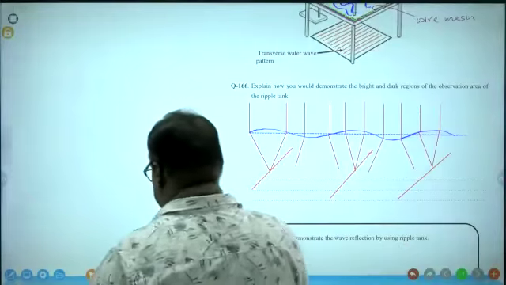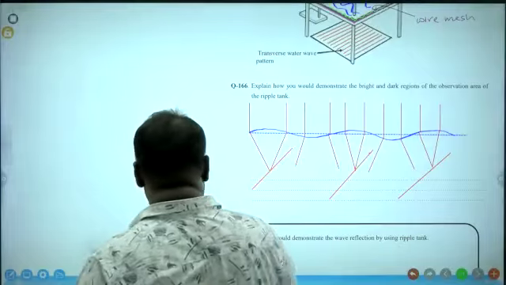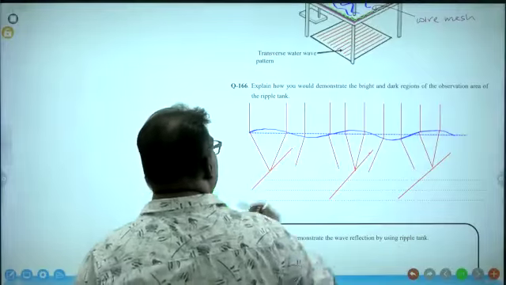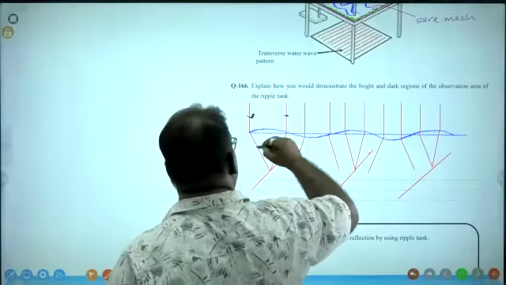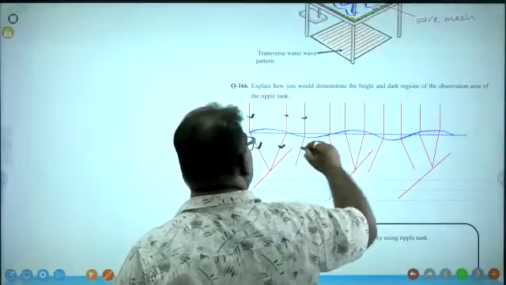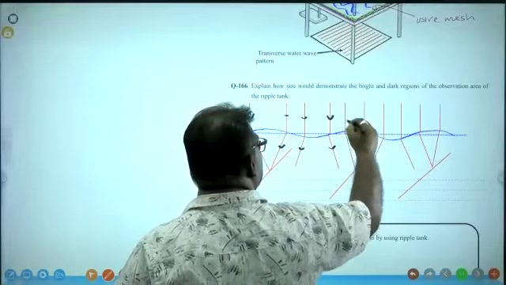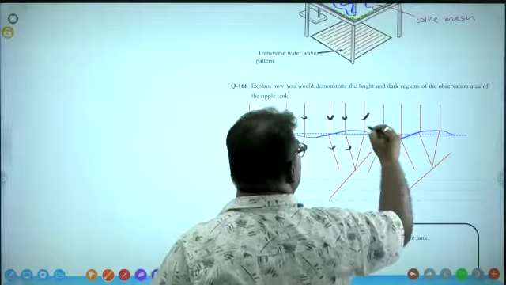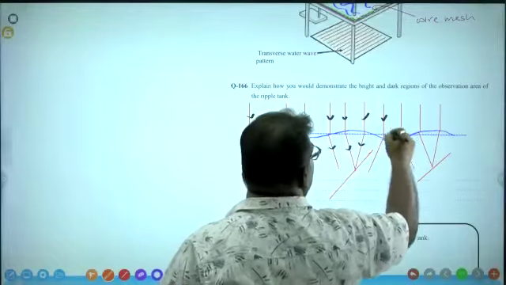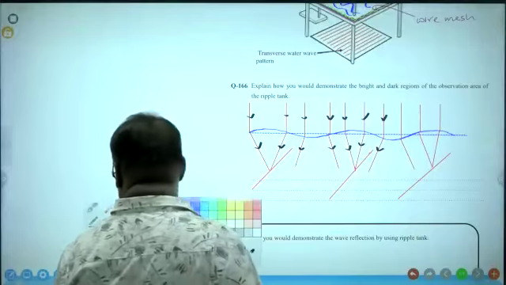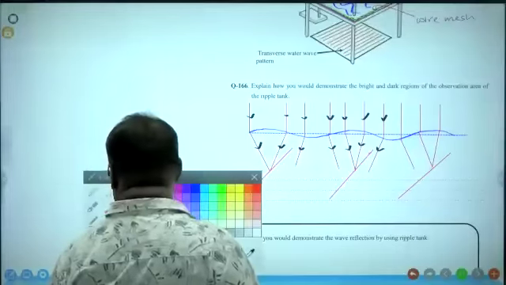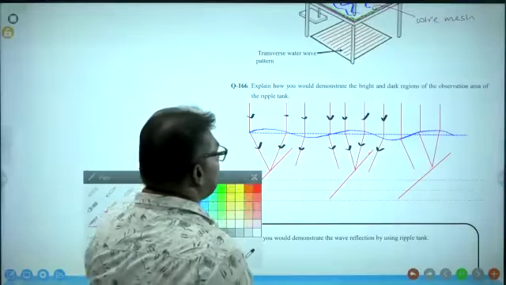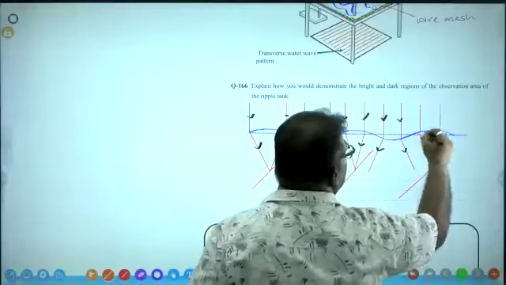This is the rough diagram that can be drawn to indicate the formation of bright regions and dark regions by using the ray diagram.